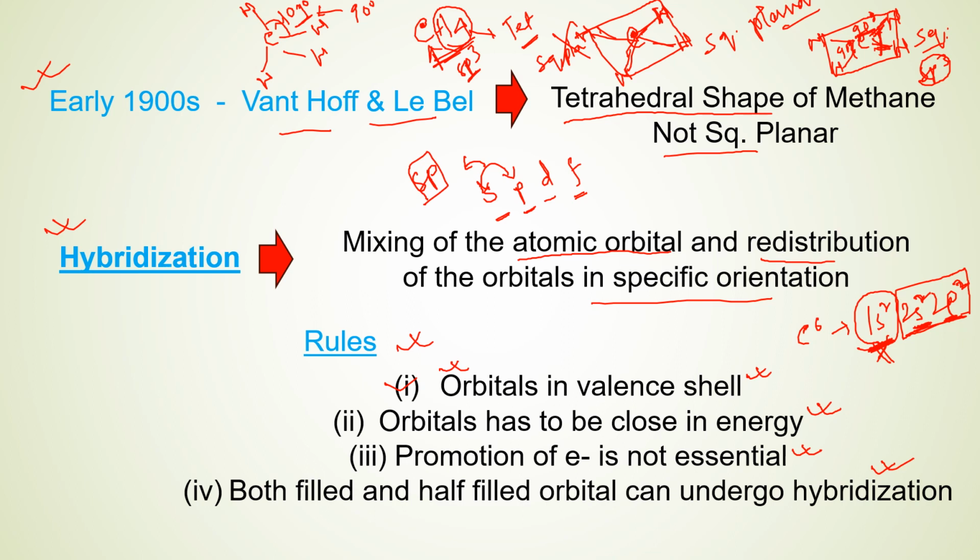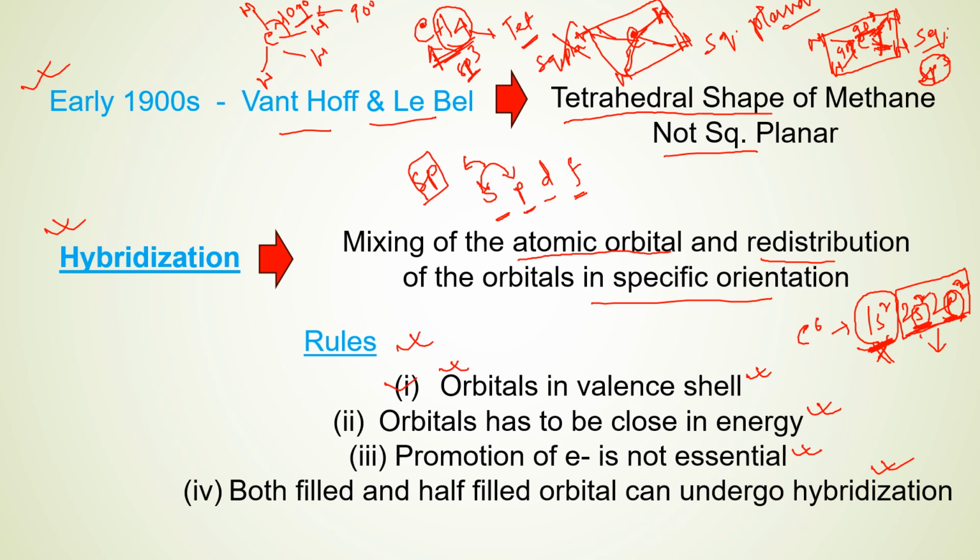Now the second point: orbitals have to be close in energy. The 2s and 2p exist in the second shell, so you may consider them close in energy. Although there is an energy difference and a shape difference between these two orbitals, they are comparatively closer than 1s and 2p.